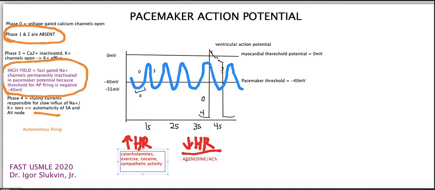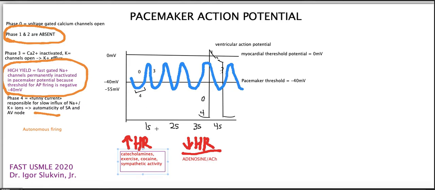Which is why we give adenosine in supraventricular tachycardia when the heart rate is in the 250s. Patients describe it as a sense of doom and crushing chest pain, and it works almost immediately to restore normal sinus rhythm.